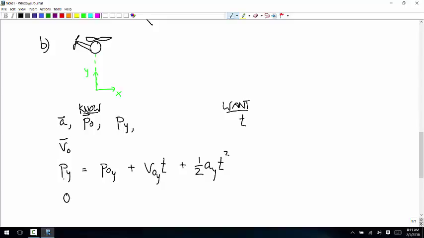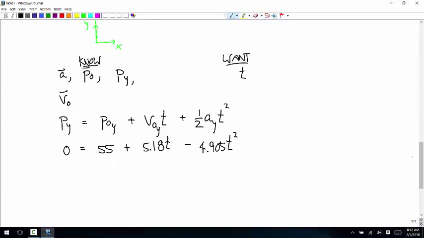So 0 is equal to 55 plus 5.18 times t minus 4.905 t squared. That's 1/2 of 9.81.